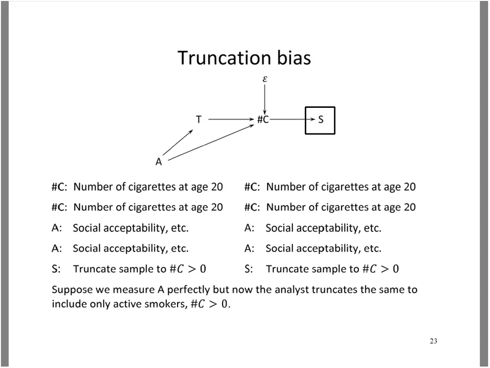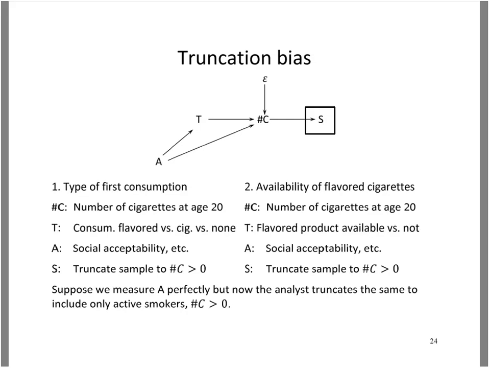But something else might go wrong. We might have truncation bias, so I want to give you the structure of that. Suppose that we actually measure the confounders of treatment and outcome, A, perfectly. We have this amazing study that takes care of all sorts of community-level, family-level and individual-level confounding. It's perfect.